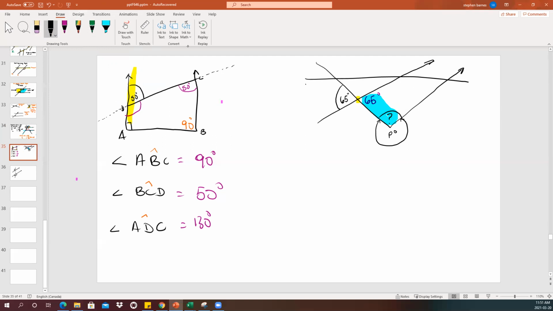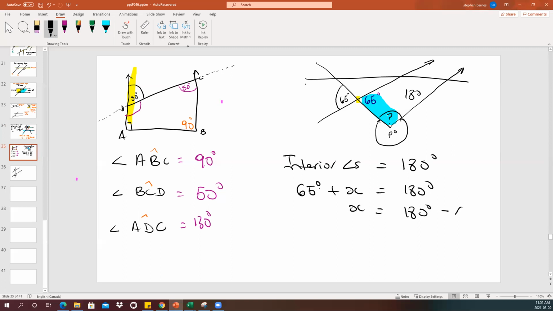All right, so we can go ahead and find this angle here by saying interior angles would sum to 180 degrees. So our 65 degrees plus our x angle is equal to 180. X is equal to 180 minus 65.